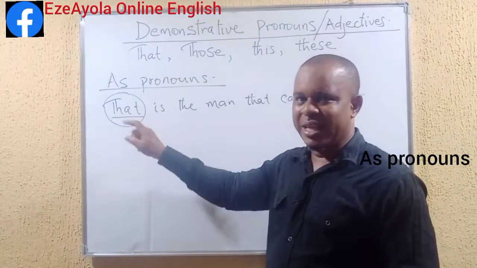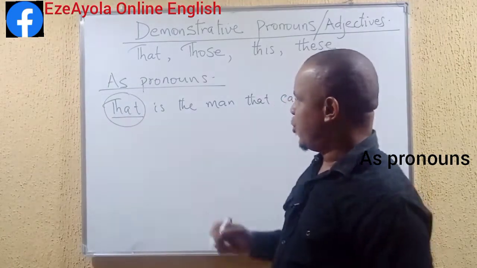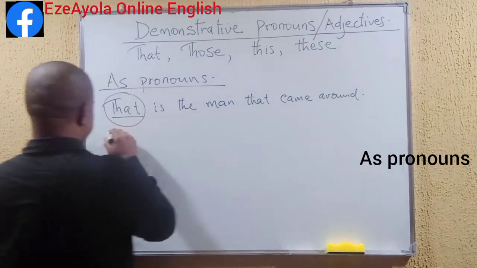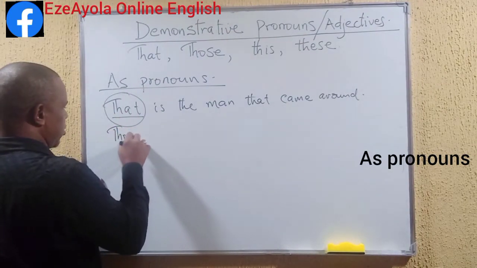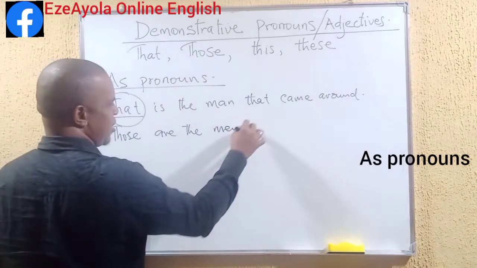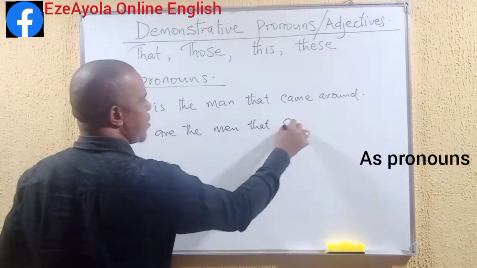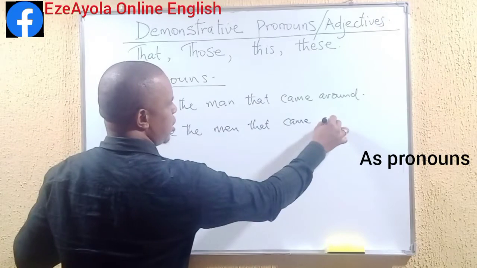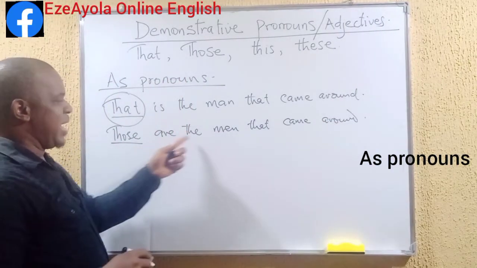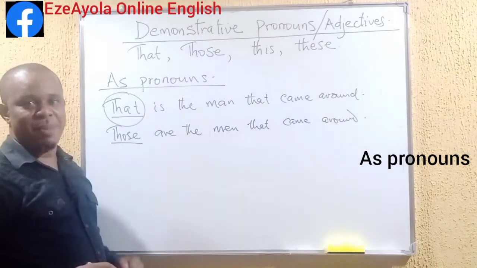We call this demonstrative pronoun, remember, singular. When we say, those are the men that came around, okay, those are the men that came around.